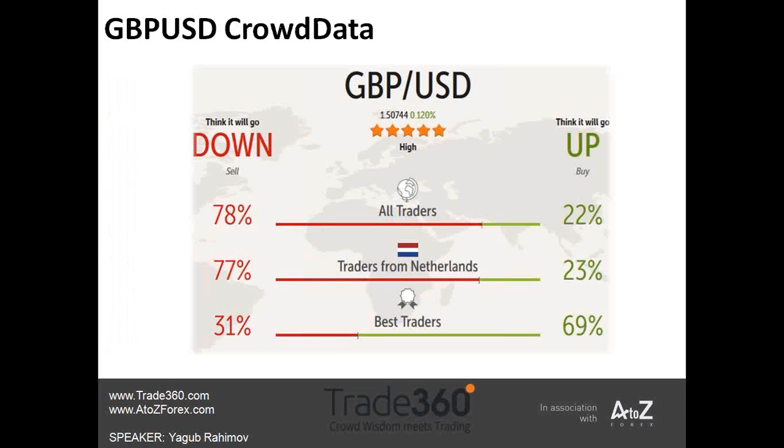Now let's look at the cable's CrowdData. If you remember what I said about euro-dollar, we can see at the moment for cable, the best traders are trading 69% on the bullish side. It is very close to the 75% level that I was talking about a bit ago.